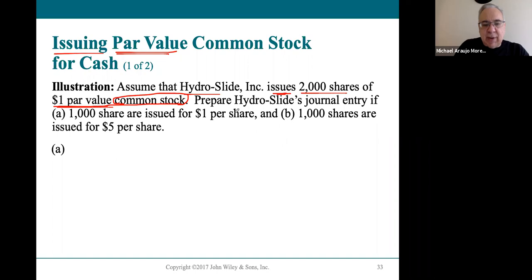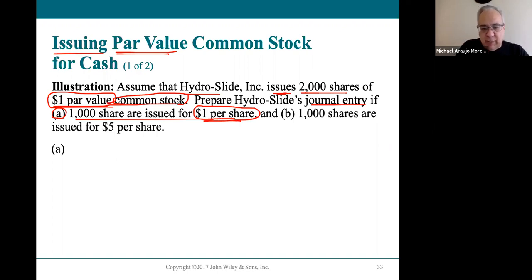So what is the journal entry if, just looking at A, they issue 1,000 shares at $1 per share? They sold it for $1 per share, and the stock has a par value of $1 per share. So both the selling price and the par value are equal.